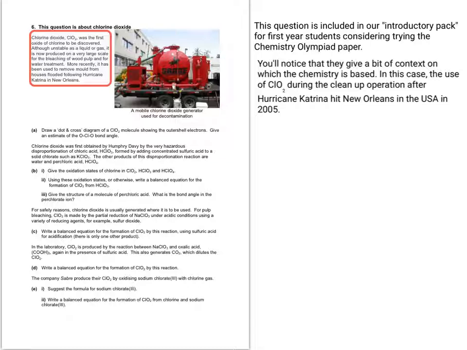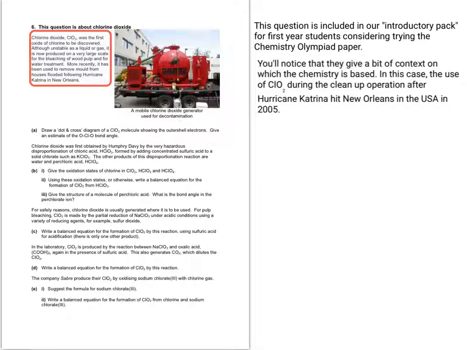What happened was these levees were broken, and the whole of the city was flooded with a lot of damage and a lot of loss of life. For the people who survived, there was obviously the need for a clean-up operation because the sewer system would have broken down. Chlorine dioxide is very toxic to microorganisms, so it was used in large quantities to help clean up afterwards.